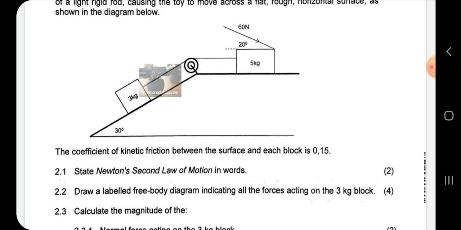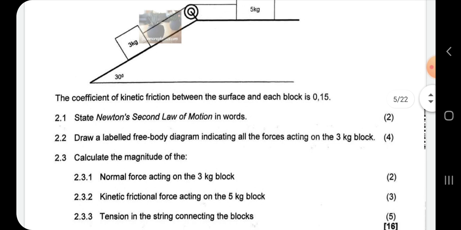So in 2.1 we are asked to state Newton's second law of motion in words, and in 2.2 we are asked to draw a free body diagram indicating all the forces acting on the 3 kg block.